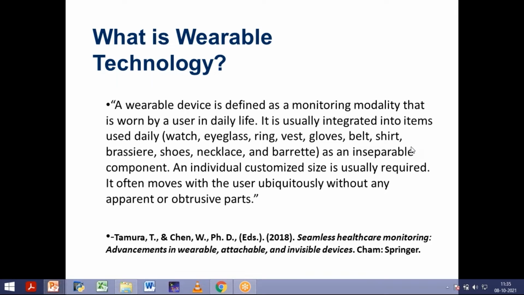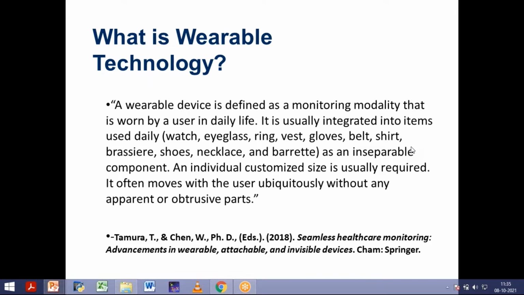It could be in any form, whether it is a smart watch, which is widely available nowadays, a smart eyeglass, a smart ring, whatever it is. With wearable technology, I wish to focus on a particular application, which is healthcare. How can we have preventive and monitoring healthcare using this wearable technology?